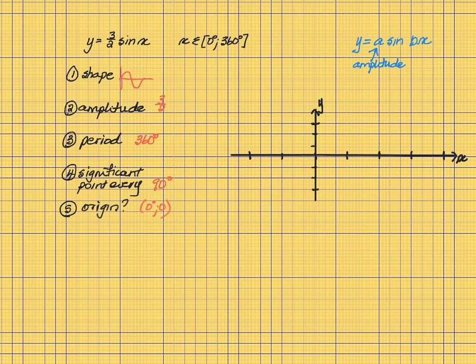The first thing now is to set up the axes. You've got significant points happening every 90 degrees. So you'll mark 90-degree intervals along your axes up until 360 degrees. So that is 0, 90, 180, 270, and 360.